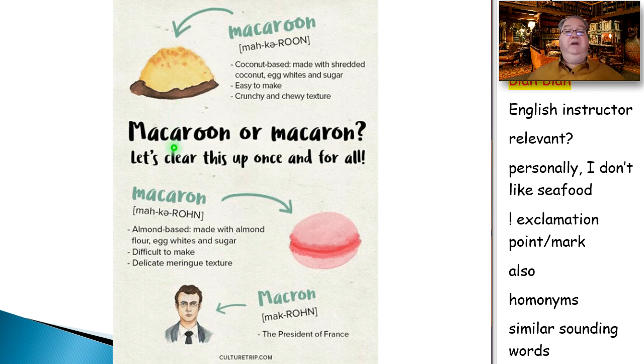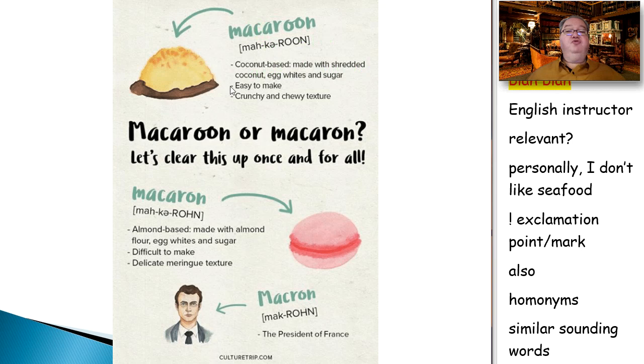And there's another cookie up here called a macaroon. So, macaroon. So here you have macaroon, macaron, like macron. So these have the same ending sound, ron. This one is a little different, roon, but the beginning is the same as this one, macaroon. Macaroons are coconut-based.